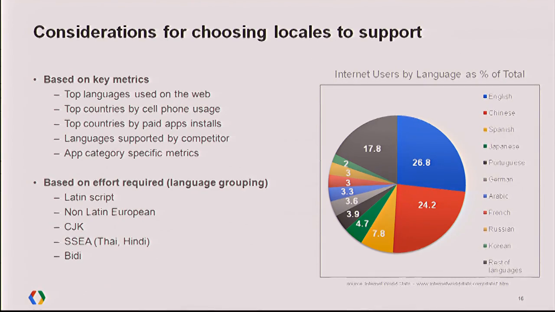The second is the ability to search in those languages in your app, and for that, you need a language detection mechanism as well. With those, you can pretty much target the Latin script languages. You would probably need some bit of testing as well. The next set of languages you can target are non-Latin European languages. These include languages like Russian, Ukrainian, Serbian, and Greek.